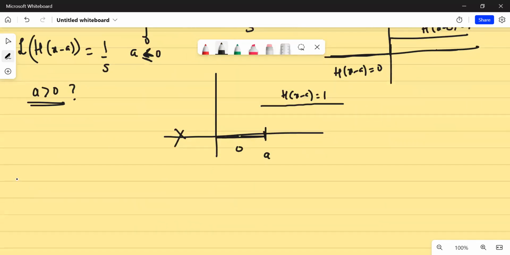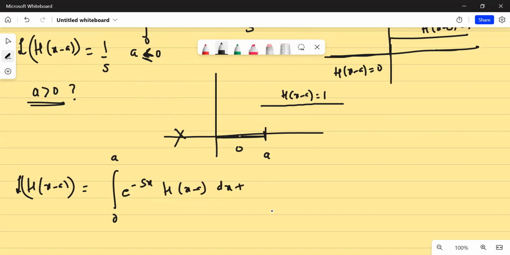One case would be to move from 0 to a, where your Heaviside function would be simply 0. And from a to infinity, your Heaviside function would be equal to what? It will be simply equal to 1 here. Is that clear? Here it will be 0, so forget about this. Is that clear or not clear?